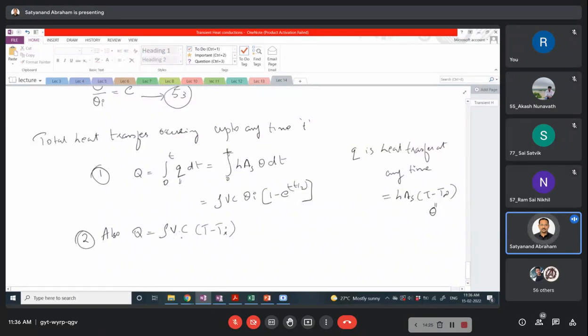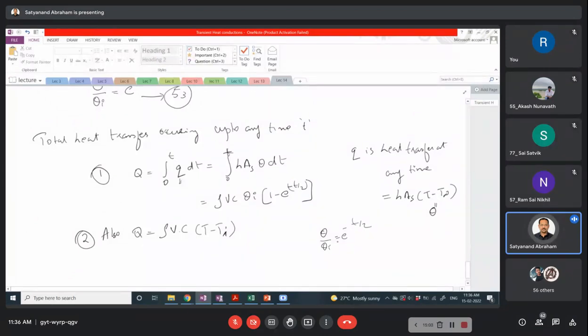The second method is to see how much the total energy of the system has changed. In that case it is rho V c times (T minus Ti). Here T appears, but we don't know what T is. So to find T, we again use theta by theta i equal to e raised to minus t by tau.